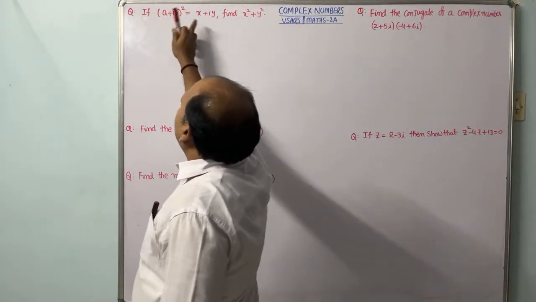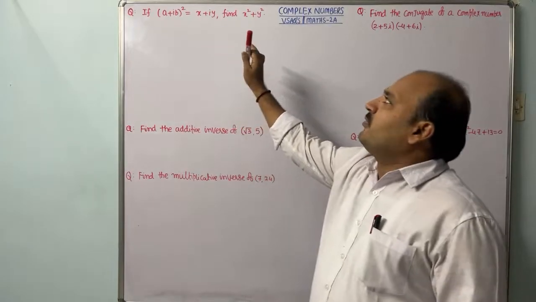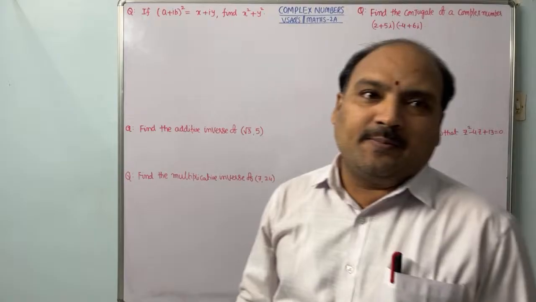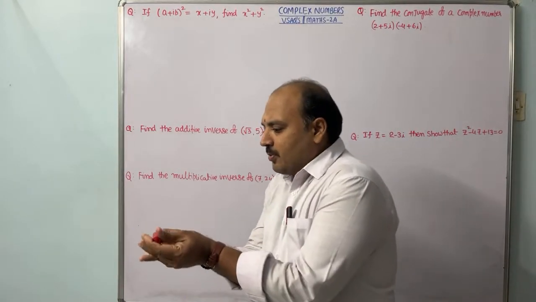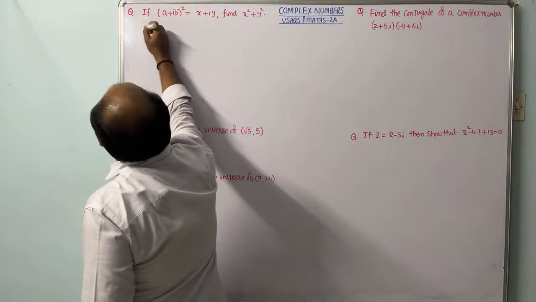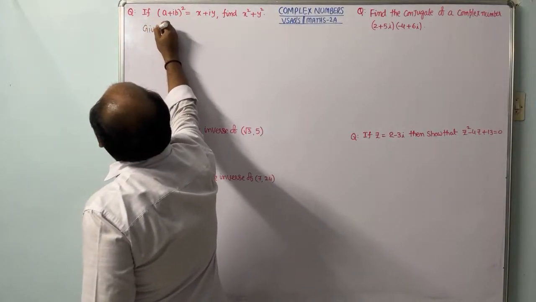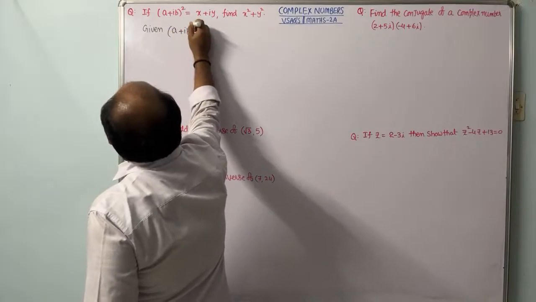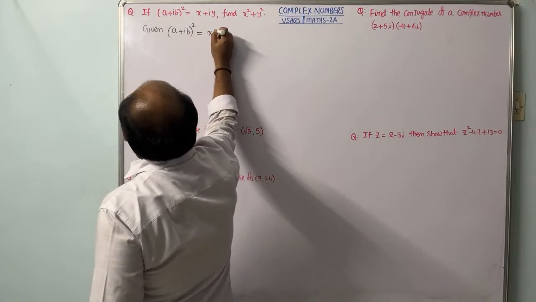If (a plus ib) whole square equals x plus iy, find x square plus y square. To do this type of problem, first, what is given? Given (a plus ib) whole square is equal to x plus iy.